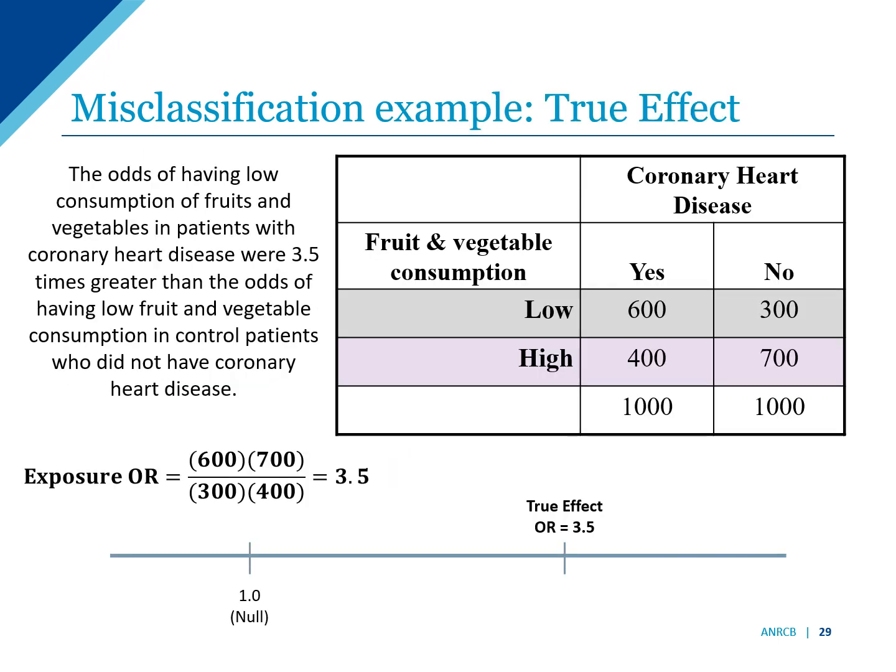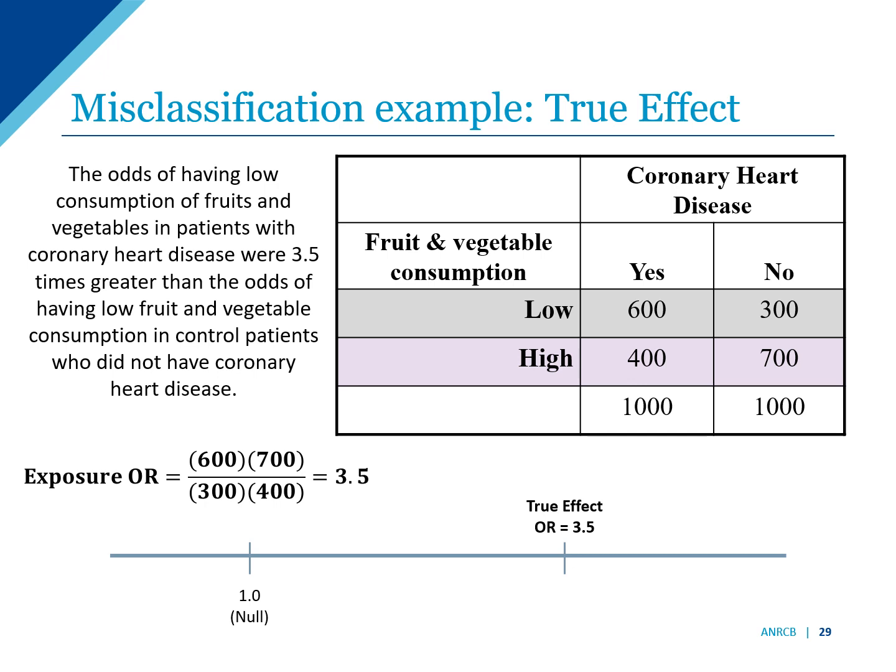Here's an example. Imagine that we have a study of fruit and vegetable consumption and coronary heart disease. We have an objective blood test that can measure the amount of fruits and vegetables patients have consumed. This is a gold standard and can accurately measure consumption and categorize people into high and low consumption. So this would be our true effect or true values.